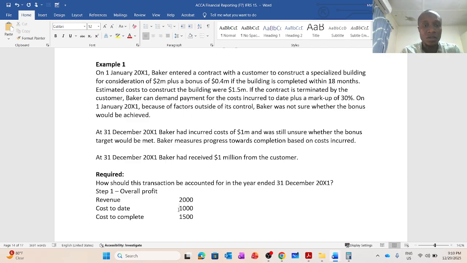Sorry, estimated cost to construct. Okay, the 1,500 is the total cost to construct. So the total cost will be this, then the cost to complete will be 1,500 minus the 1,000, which is 500 that we are going to include.